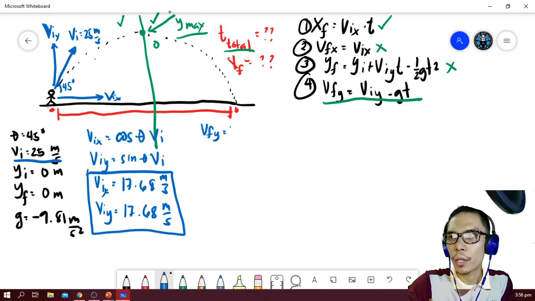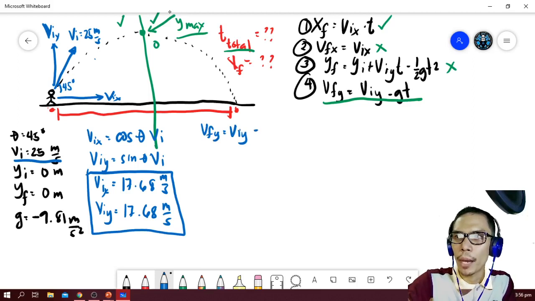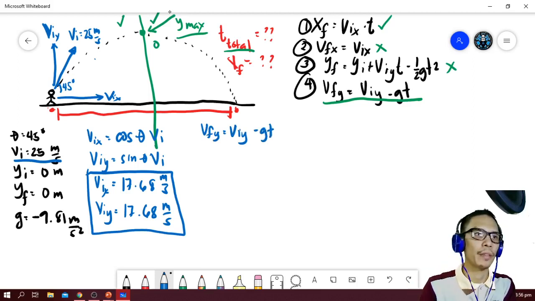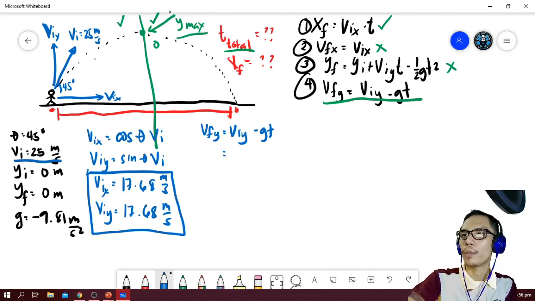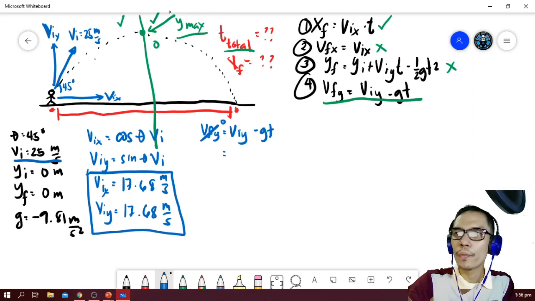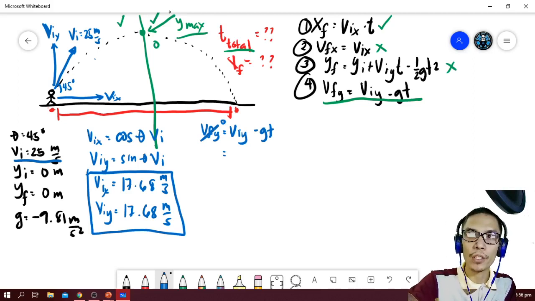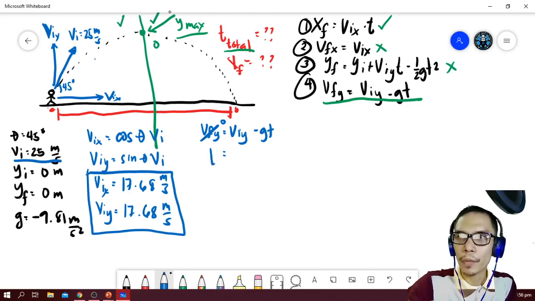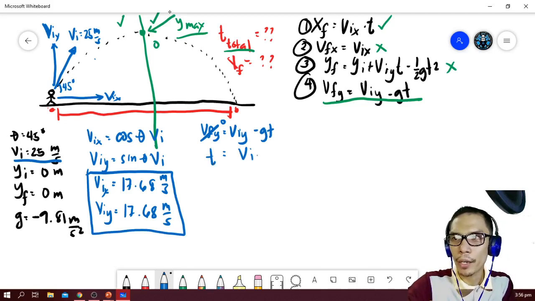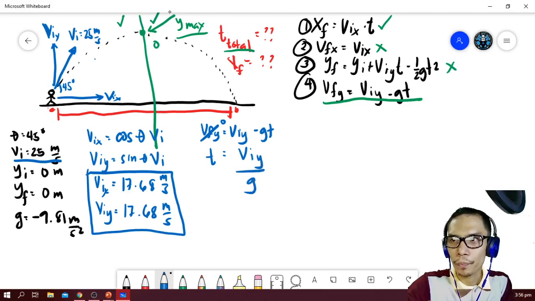We have v sub f y is equal to v sub i y minus g t. Since we all know that the final velocity at the midpoint is 0, we can change this to become time is equal to v sub i y over g.